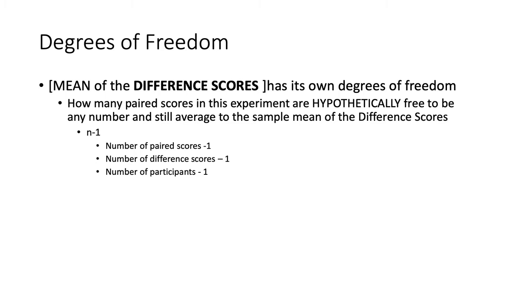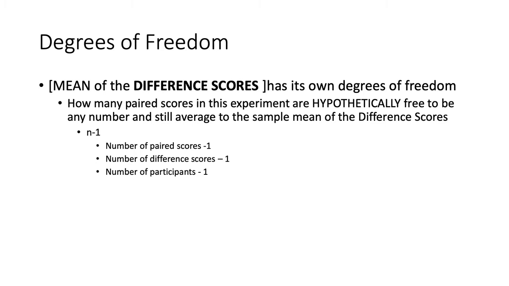We know that the mean of our difference scores is 15.7. We know that from the previous slides. How many of these 10, theoretically, are free to be any number in the world? 9 of them. How many must be fixed? 1. Because that one that's fixed allows us to make sure that our sample mean is always 15.7.